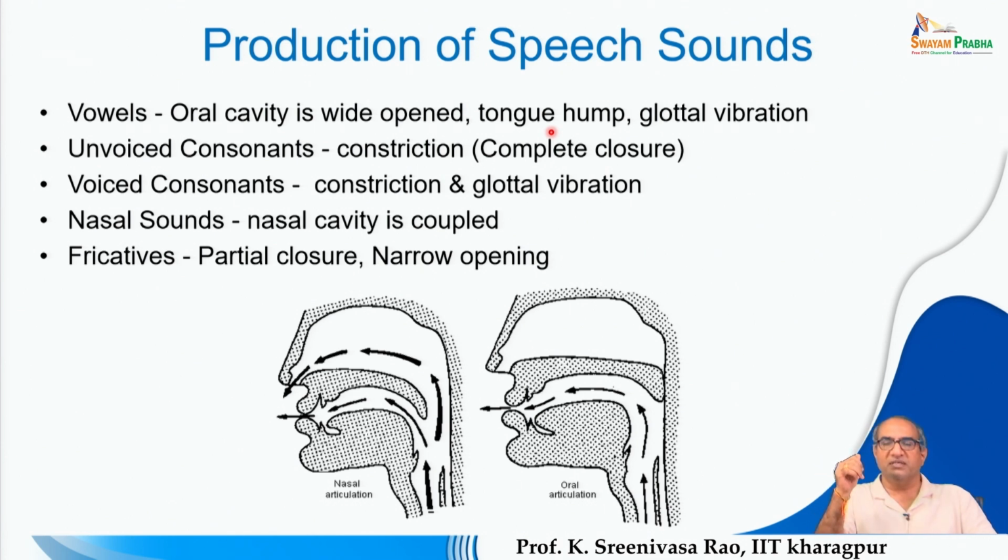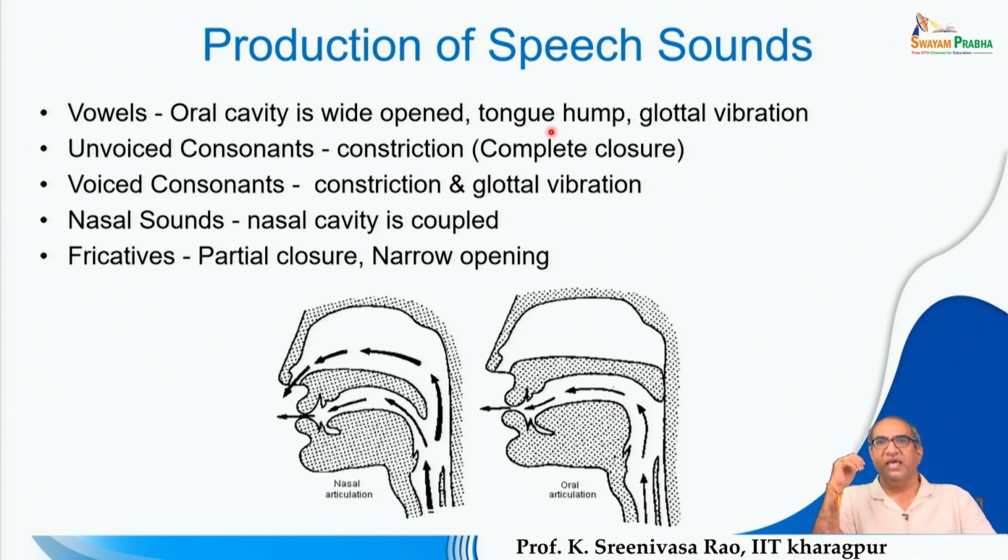If you place the tongue hump at the front side of the oral cavity, that produces E. If you try to visualize it, the tongue will be folded, and the tongue hump will be observed at the frontal side. For U, the tongue hump will be at the back end.